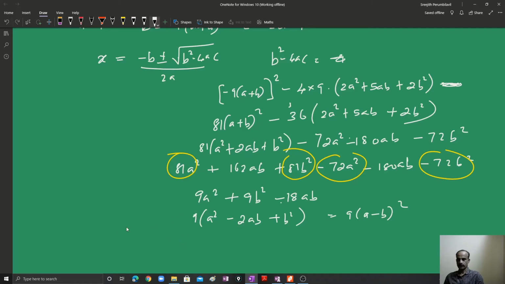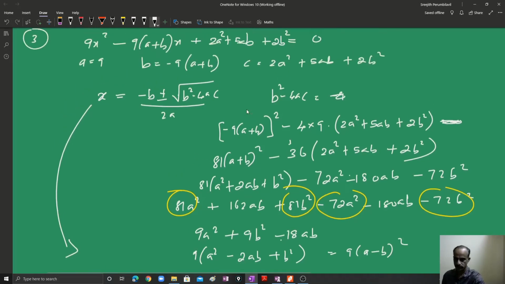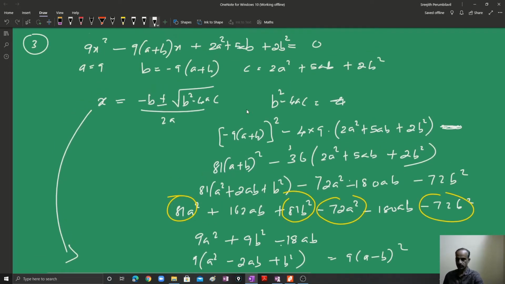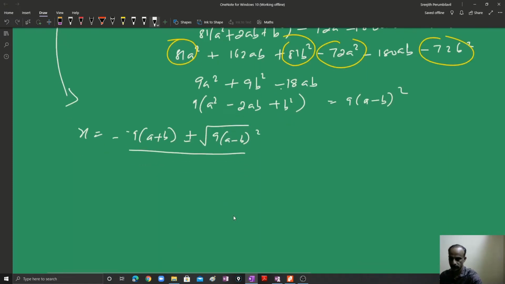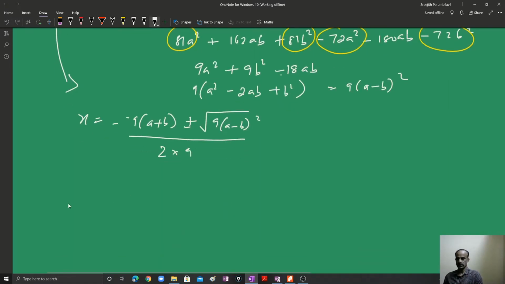Therefore, we will substitute it here. X is equal to minus b. What is minus b? Minus of minus 9 into a plus b, plus or minus root of 9 into a minus b whole square, divided by 2a, 2 into 9. This is equal to 9a plus 9b plus or minus 3 into a minus b divided by 18.